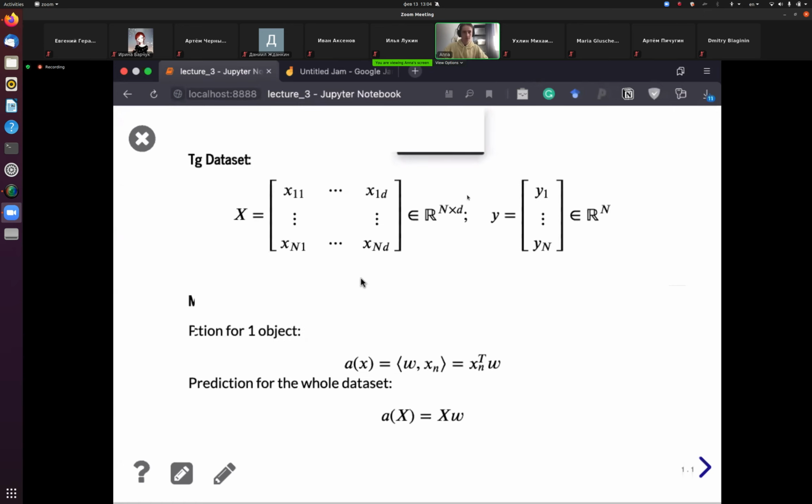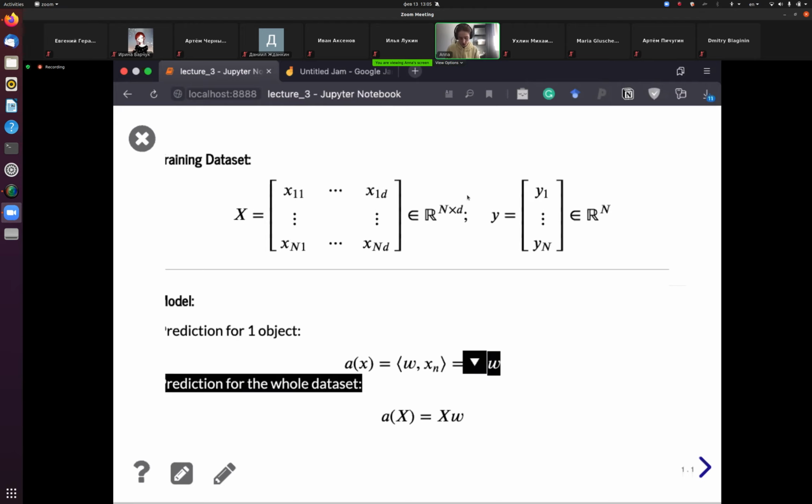Yeah, now it should be better. So for one observation, that would be just a scalar product. But if we would like to get predictions for all the points in the training data set, or for several points, that would be just the design matrix times the vector of parameters.